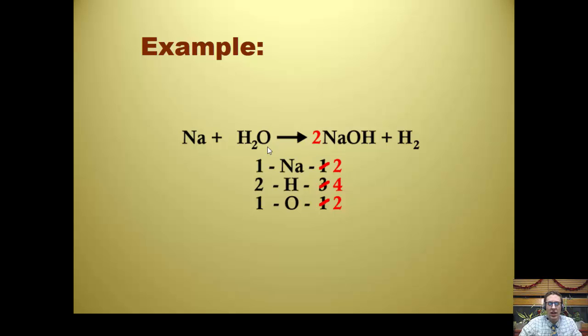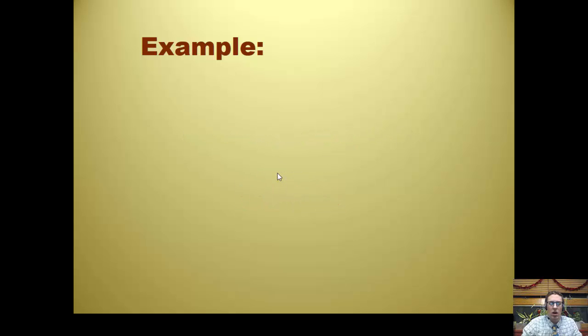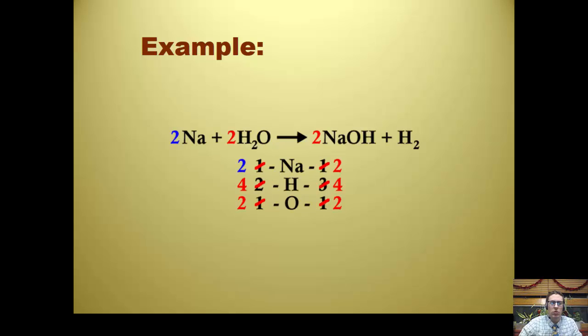But we need to balance the other side now because we're all out of whack. So we drop another coefficient in there in front of water. That means that we've got 4 hydrogens, we're balanced there. We've got 2 oxygens, we're balanced there. But we aren't quite done yet because we need to take care of the sodium. So we do that. We add our last one here.